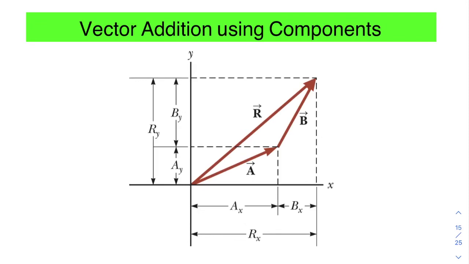The resultant is R, the combination of A and B. You have A and its component Ax, and the component of Bx here.